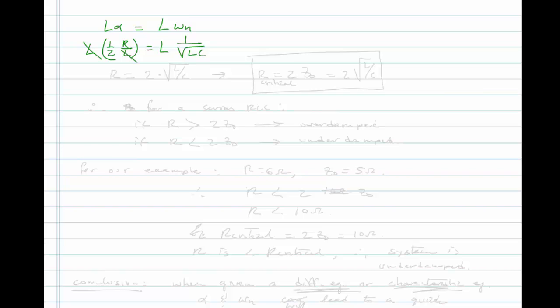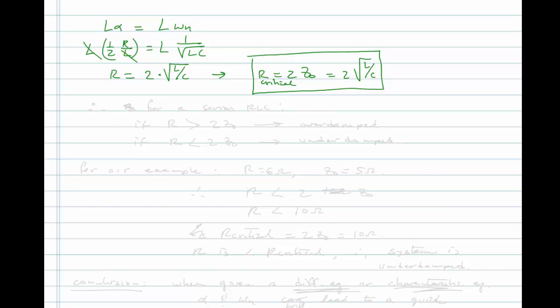So these L's cross out, and I get R is equal to 2 times, and I can stick this L inside the radical in the numerator, and I get square root of L over C. Or in other words, R is equal to 2Z0. And I'll actually call this R critical, right? Which means it's that resistance where the system is critically damped.